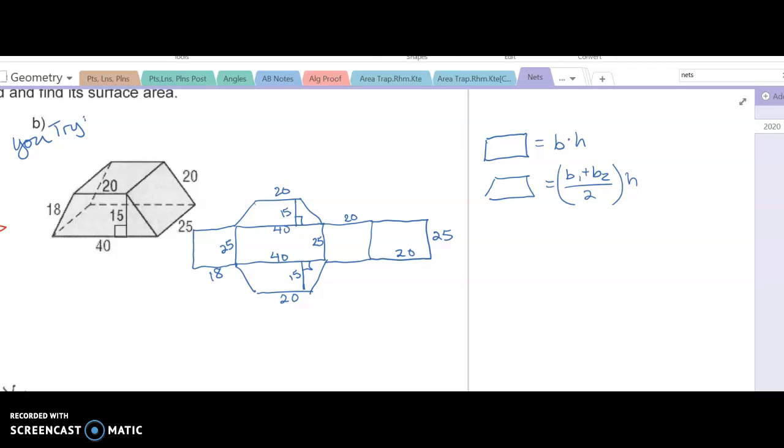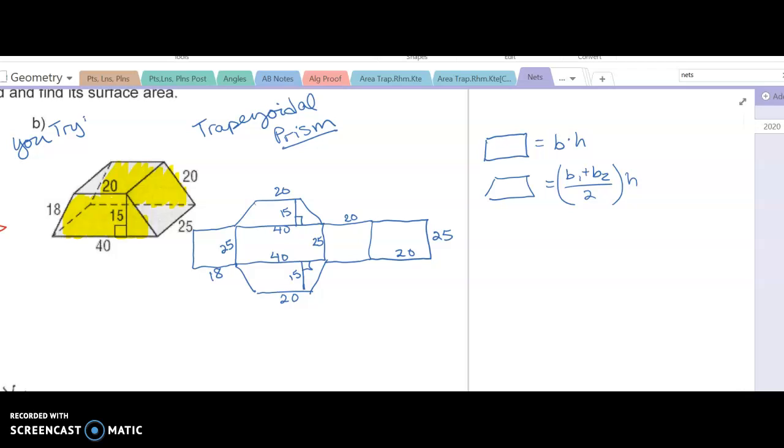Okay, so here's my net of this trapezoidal prism, is what you would call this. Okay, and we know it's a prism because it has the rectangle sides. Right, trapezoidal because the bases, and how do you know exactly what the bases are? Because they're not always the top and bottom.